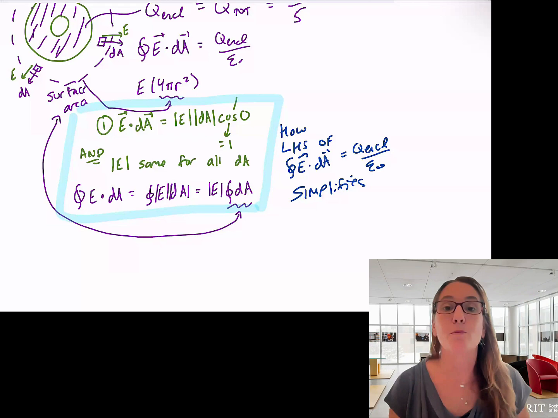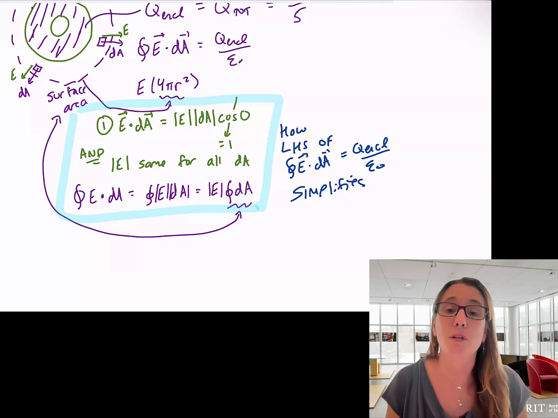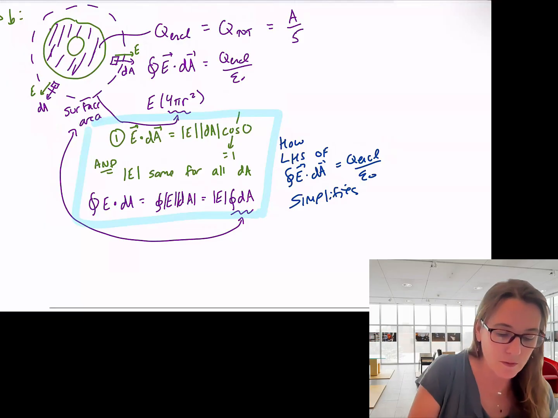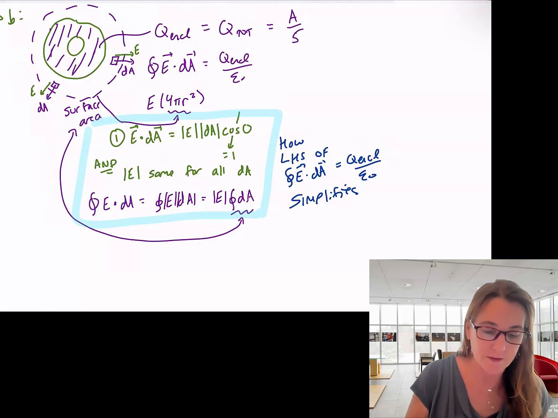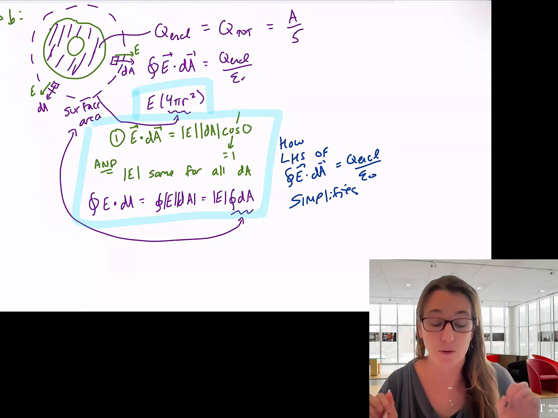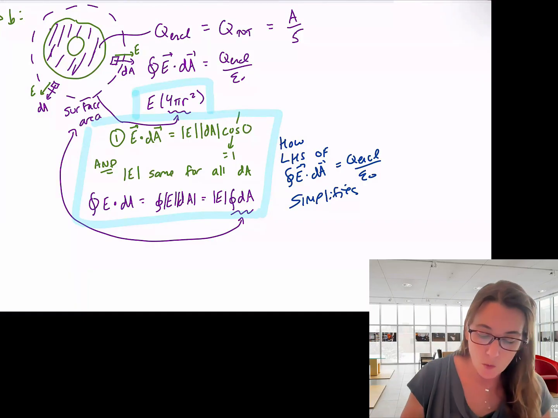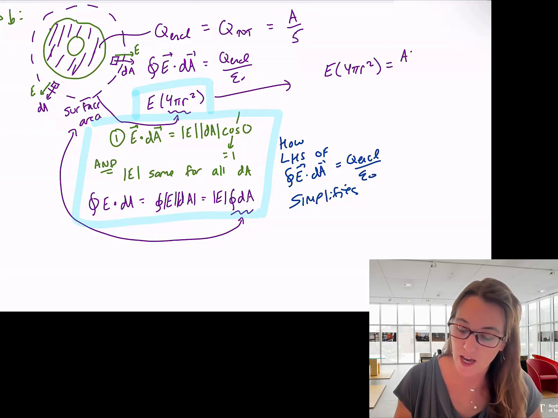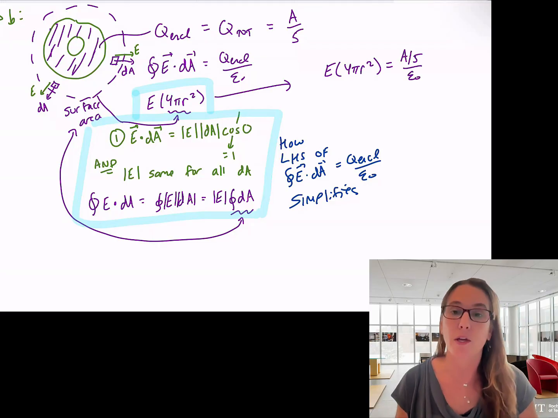And that's something that's important to really understand and be able to visualize. Okay, so back to our original problem. Once we know that the left-hand side can be written in this nice, simple way, we can then say that E times 4 pi r squared equals, and then my Q enclosed was A over 5 over epsilon naught.